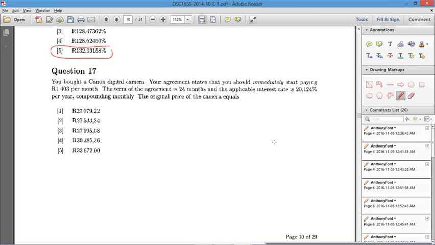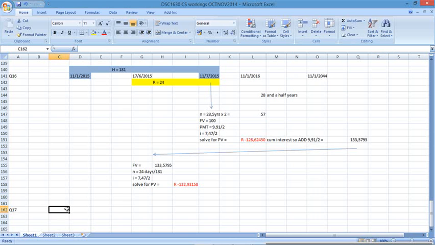So question 17, we're looking at begin or end mode here. Well, the question said immediately starts paying, so begin mode. Don't forget to change your calculator to begin mode. 24 months, R is 20.124 divided by 12.